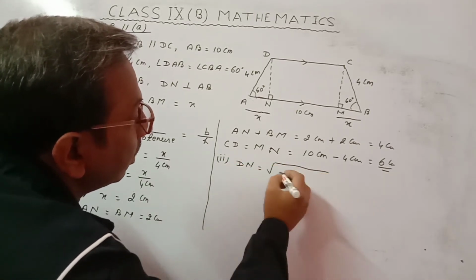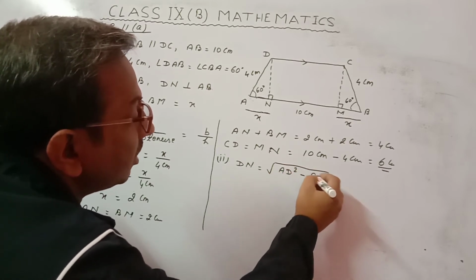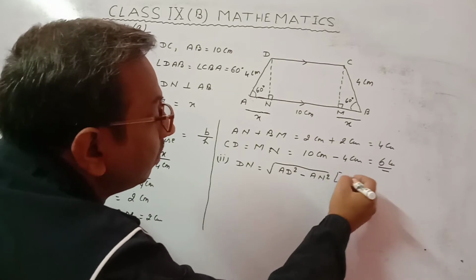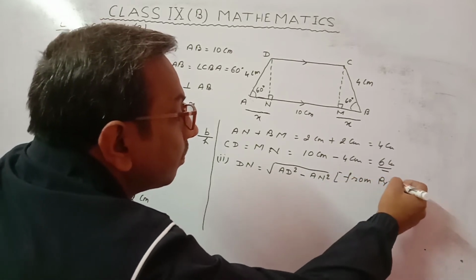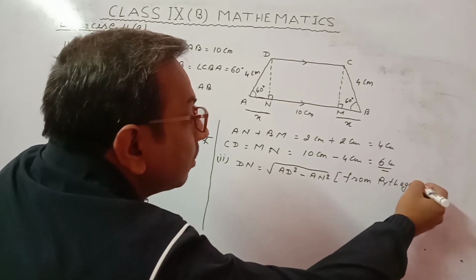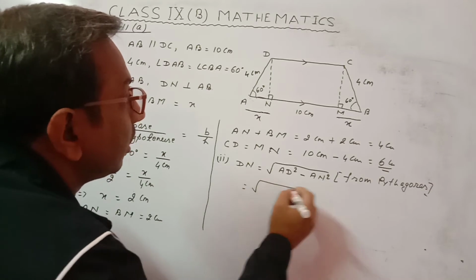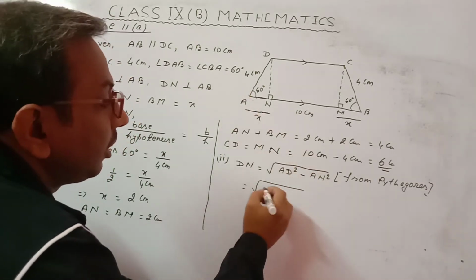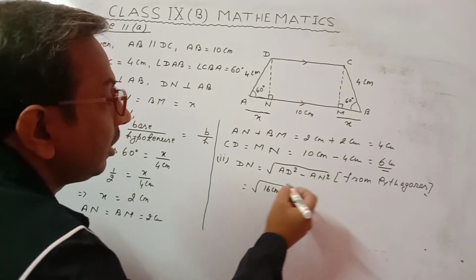square root of hypotenuse square, means AD square, minus base square, means AN square, from Pythagoras theorem. Now AD is 4 centimeter, so AD square became 16 centimeter square minus AN square.